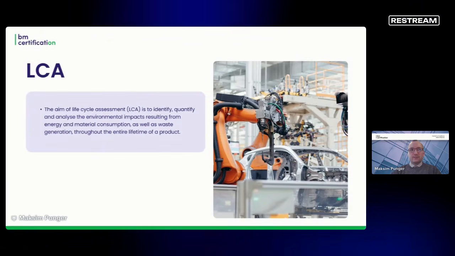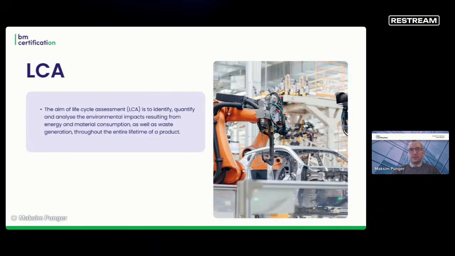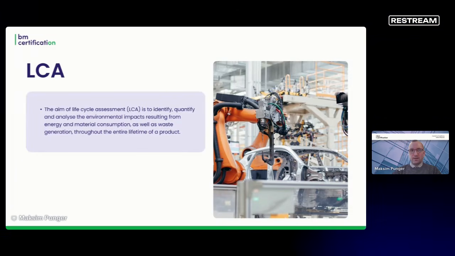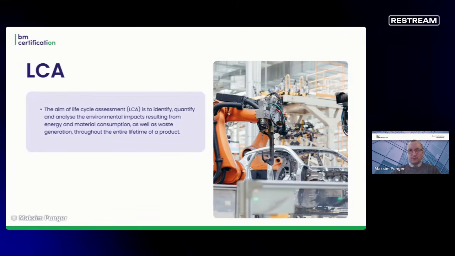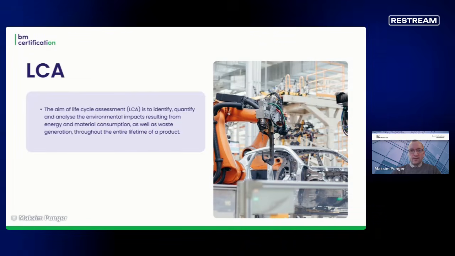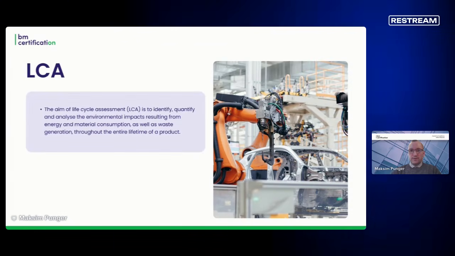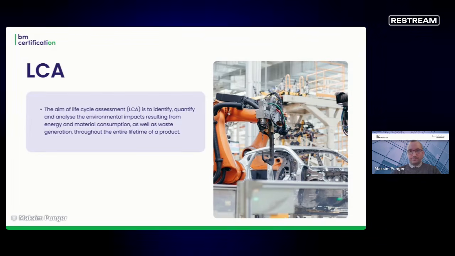After data collection and the establishment of the framework, the direct calculation of the product's entire life cycle follows. For that, we're using special programs, calculation programs, and databases. The aim of the LCA is to identify, quantify, and analyze the environmental impacts and get the results.